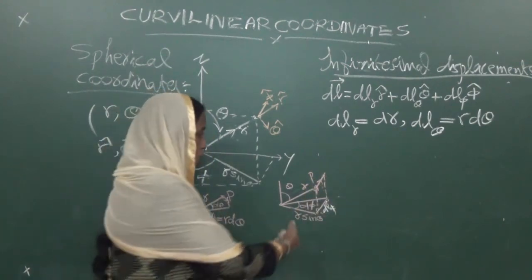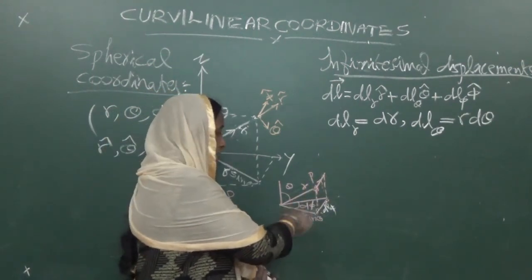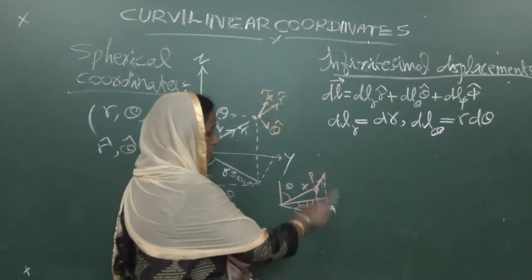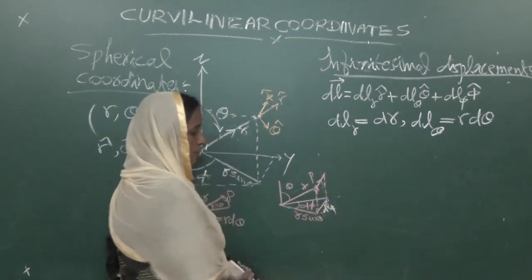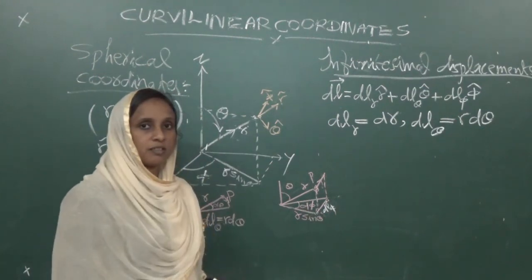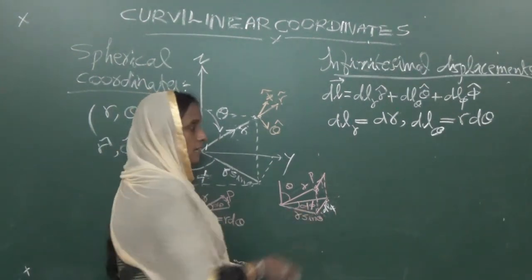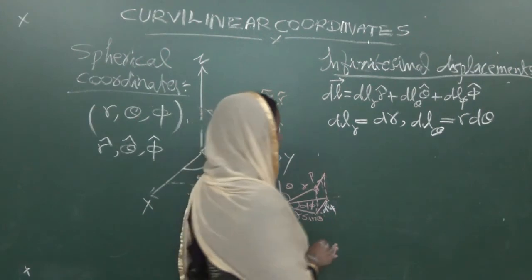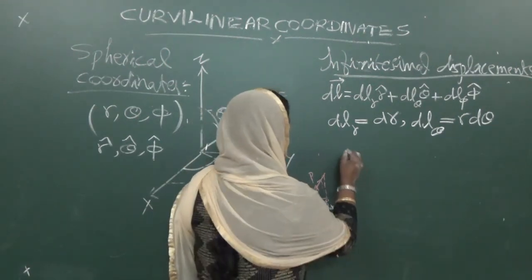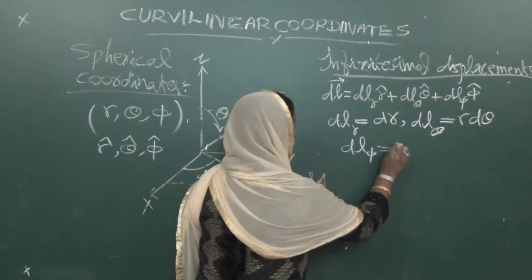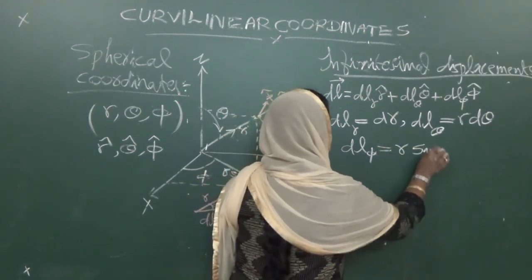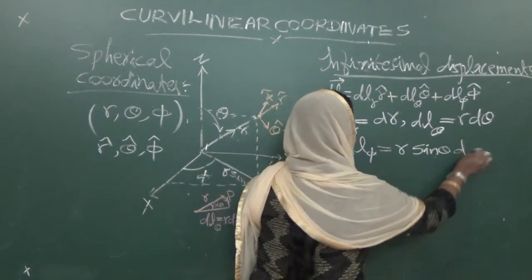Okay, so through a change in angle d phi, the displacement varies by how much? R sin theta d phi. Right? So you can write here dl_phi equals r sin theta d phi.